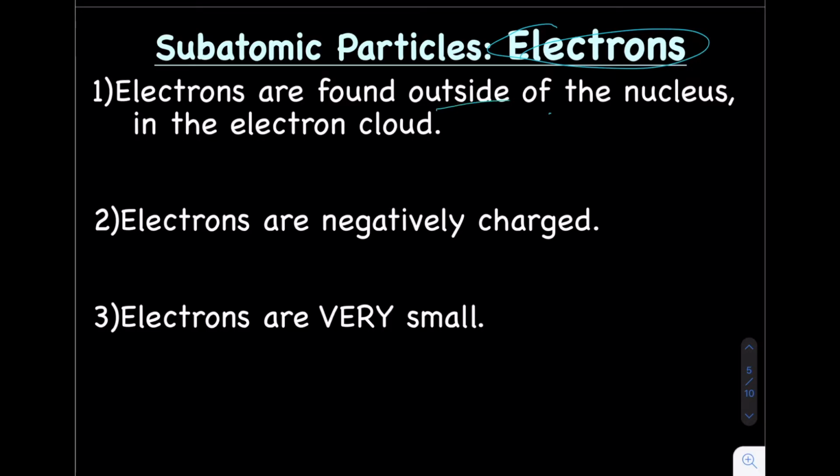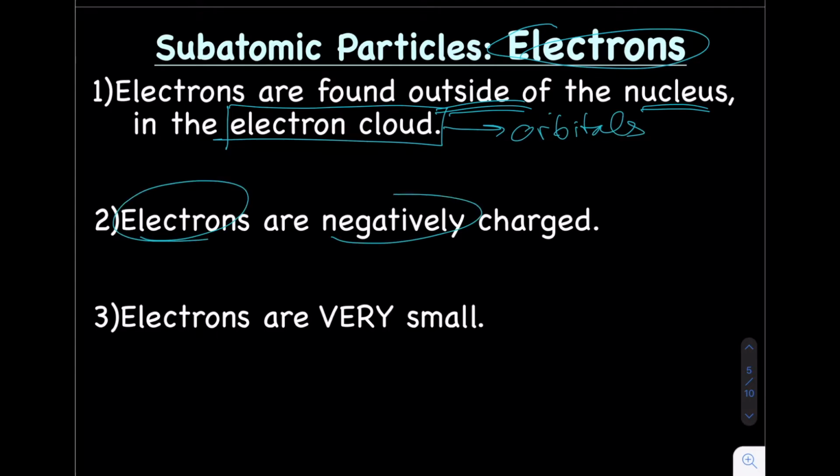Electrons are found outside the nucleus in a region called the Electron Cloud. The Electron Cloud can also be called orbitals. And we'll talk a little bit about orbitals this unit, but mostly we'll talk about it next unit. Okay, so electrons are the only subatomic particle found outside the nucleus, and it's found in the electron cloud.